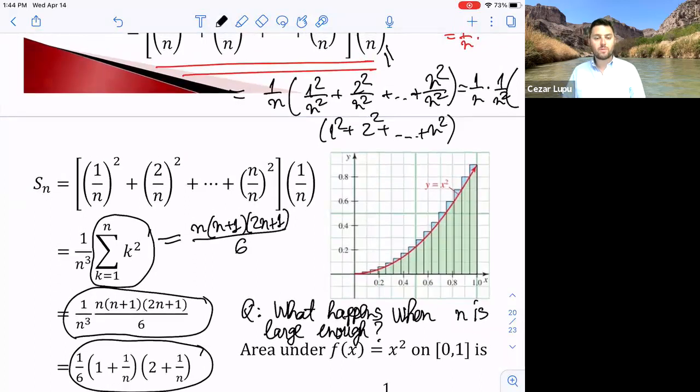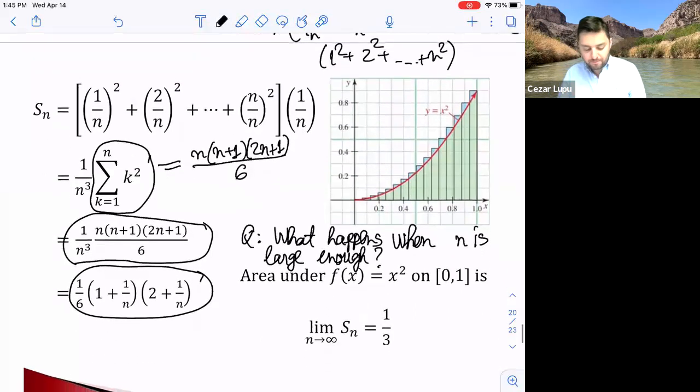What do you think? As n approaches infinity, 1 over n approaches what? Approaches 0, right?